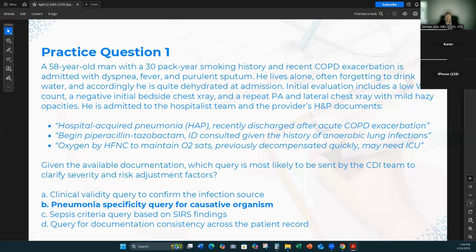Specific about the type of pneumonia, which I would probably say is a gram-negative pneumonia. Yeah, based on their documentation it does seem like it could be, right? What else could it be that also makes it onto that list of pneumonia PDX that goes to the more complicated DRG?